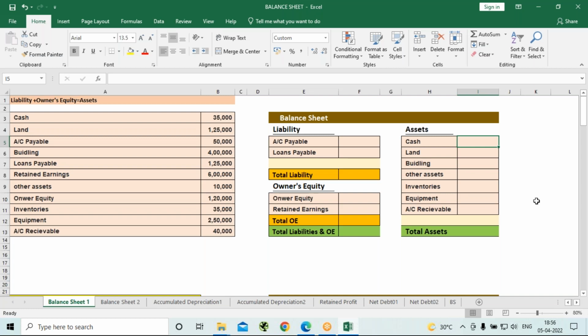The cash balance over here is 35,000. Then the land value 1,25,000. The building value is 4 lakh. The loans payable comes on this side, the liability side, so it is going to be the amount of 1,25,000.